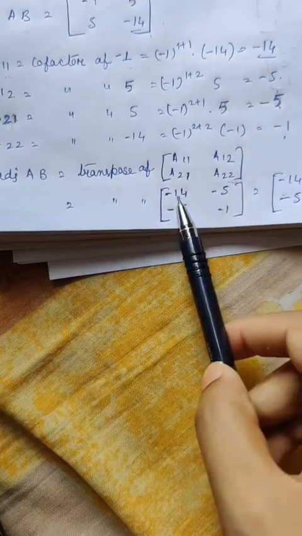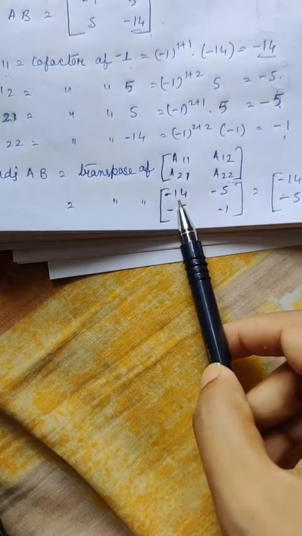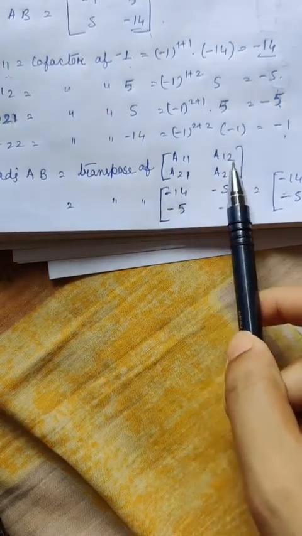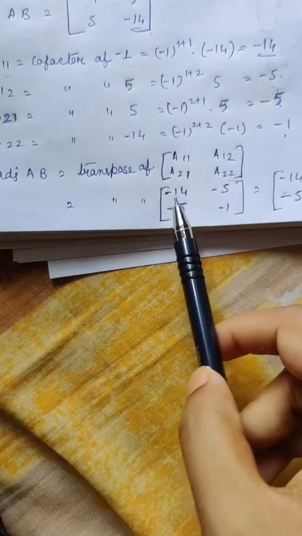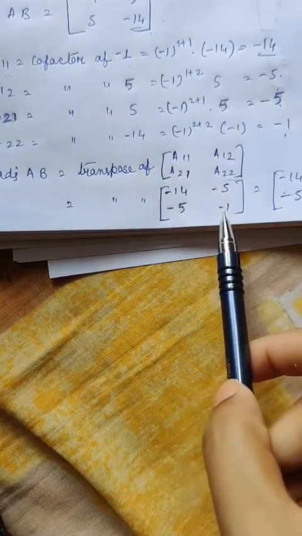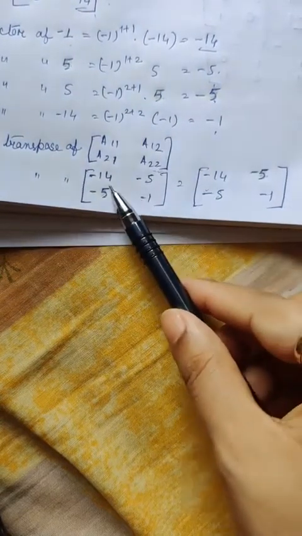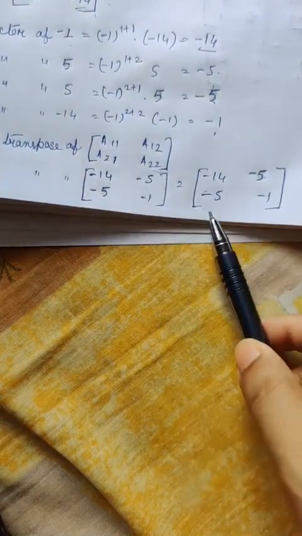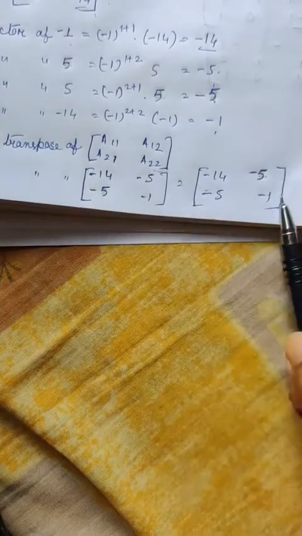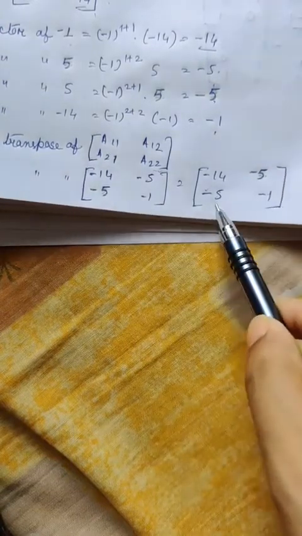Now, here we have written all the values of this A11, A12, A21, A22. So -14, -5, -5, -1. Now transpose of this matrix will be this first row will become the first column and the second row will become the second column. So this is adjoint of AB.